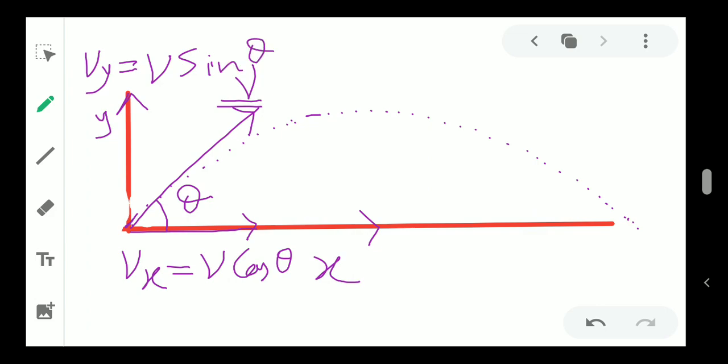Now we will have two one-dimensional motions to deal with. If we do the whole thing with only v, the resultant velocity, we have to face many hurdles. But if we split it in terms of vx and vy, we have two one-dimensional motions.